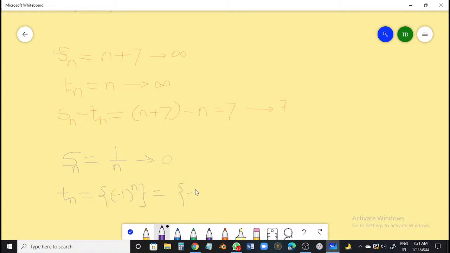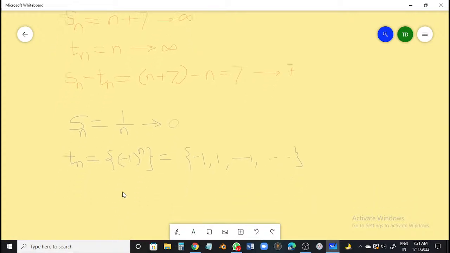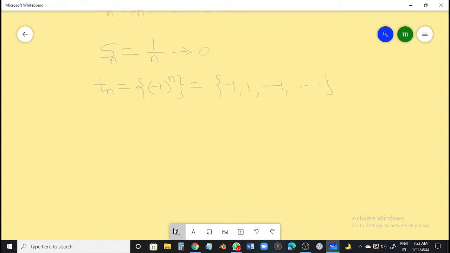This will be -1, +1, -1, and so on. In this case, Sn plus Tn, if I go with even terms, S2n plus T2n, this goes to 0 plus 1, so it will go to 1.